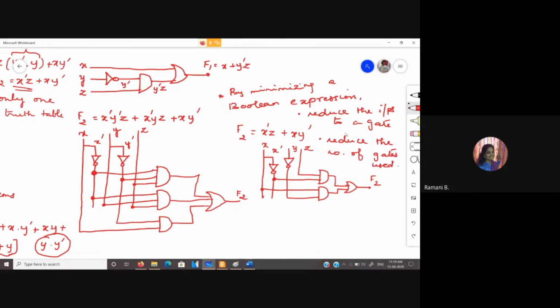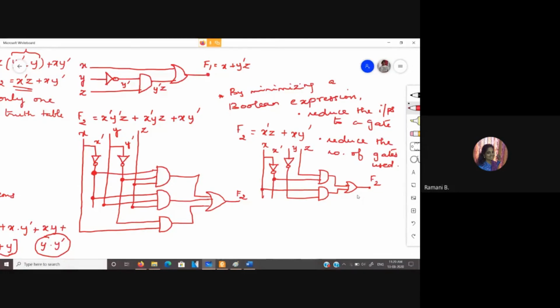With respect to these two, you can see that with the first expression of F2, we have two NOT gates, three AND gates, two 3-input AND gates and one 2-input AND gate, and a 3-input OR gate. However, with the minimized expression, you have two NOT gates, two 2-input AND gates and a 2-input OR gate.